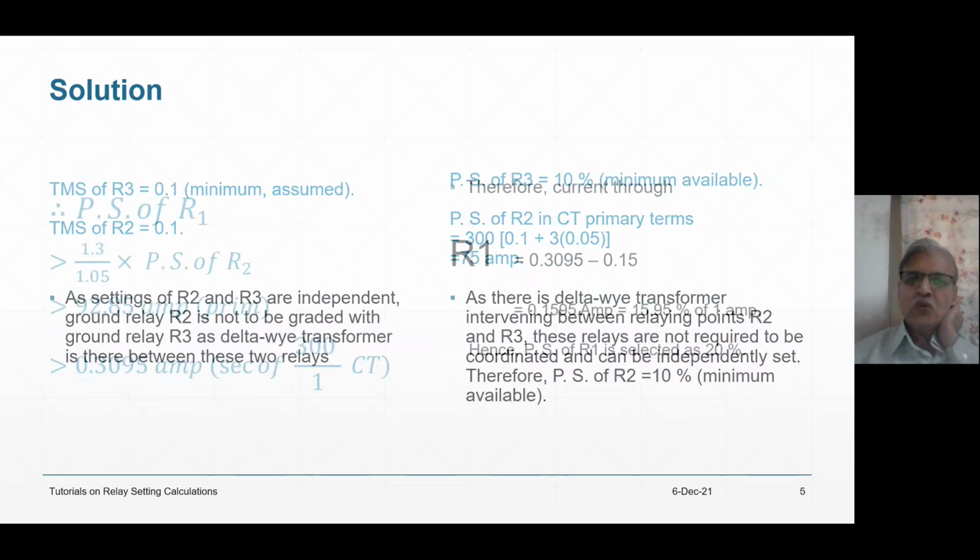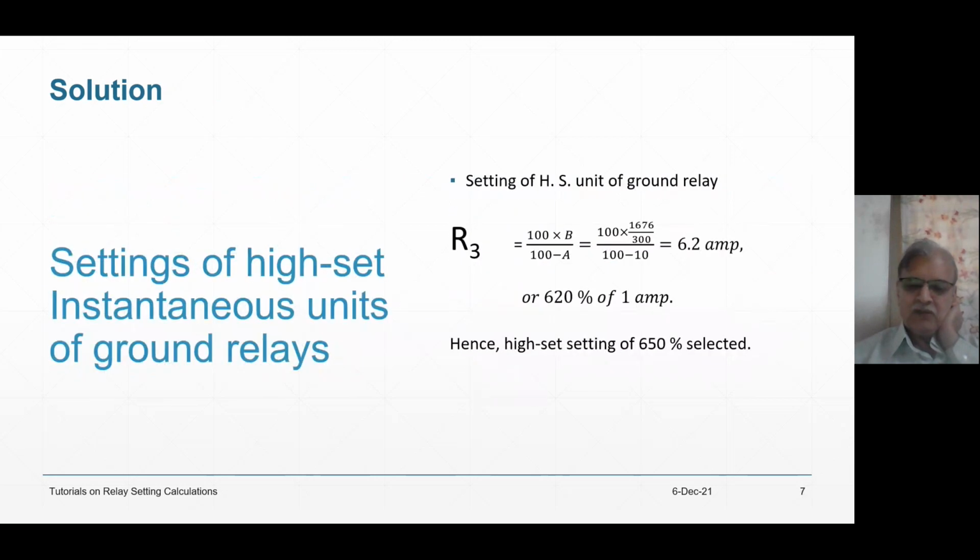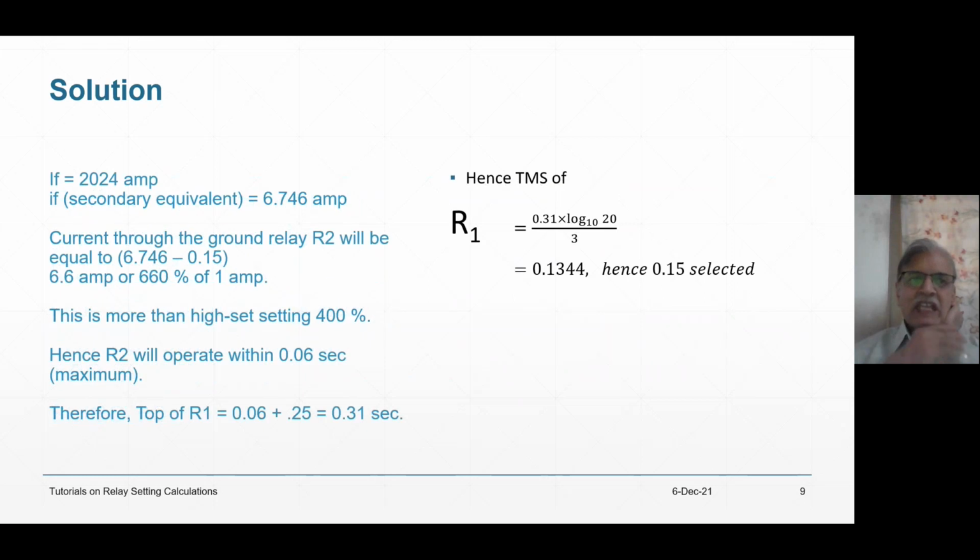So for that 2024, I go further, my dear friends, and I will be taking that to secondary. 2024 by 300 will give me 6.746. Current through relay will not be 6.746, but it will be minus 0.15, a little less. Not much different, but yet I have to calculate 6.6, and 6.6 is 660% of 1 ampere. Now my high set setting for R2 is 400%. 660% is more than 400%.